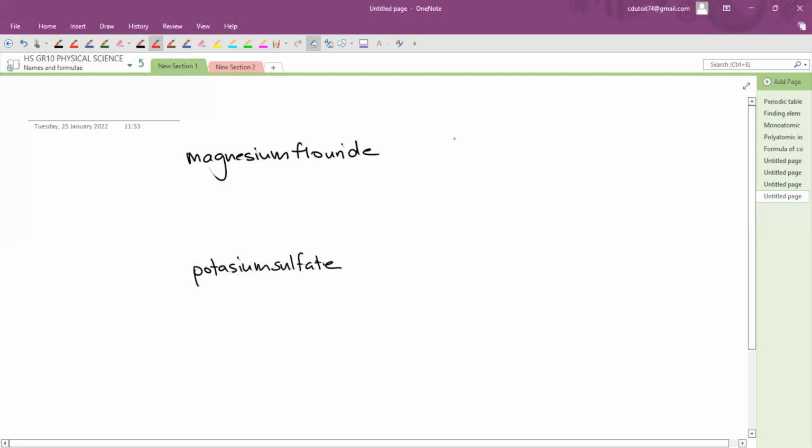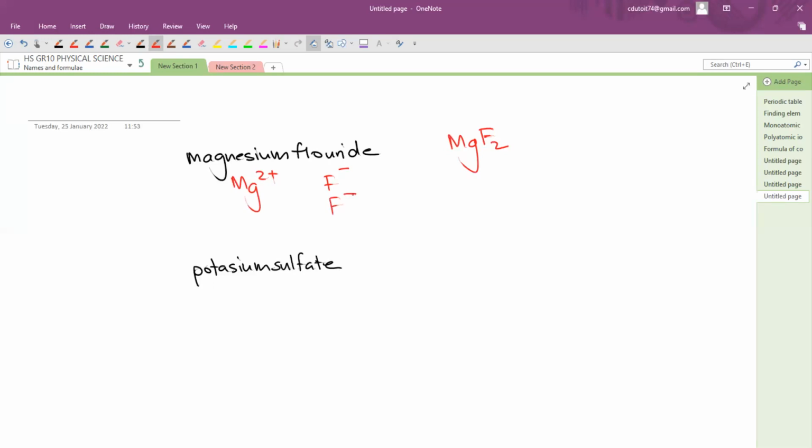Anyone? Nope. Magnesium is 2 plus, fluoride 1 minus. I need another fluoride ion, so it's MgF2. Come. Potassium sulfate. Potassium, please.